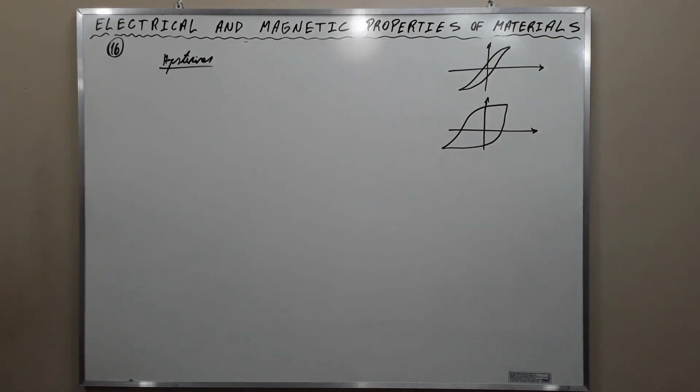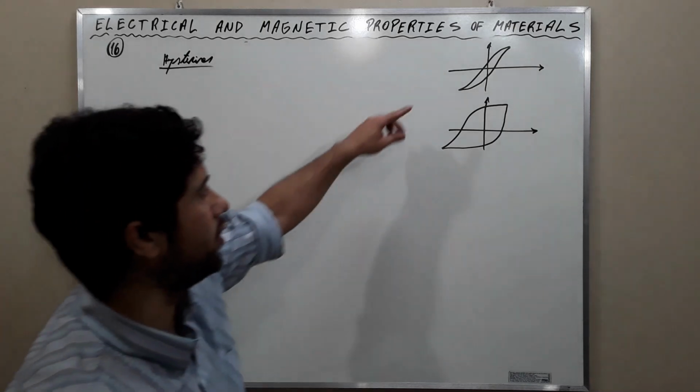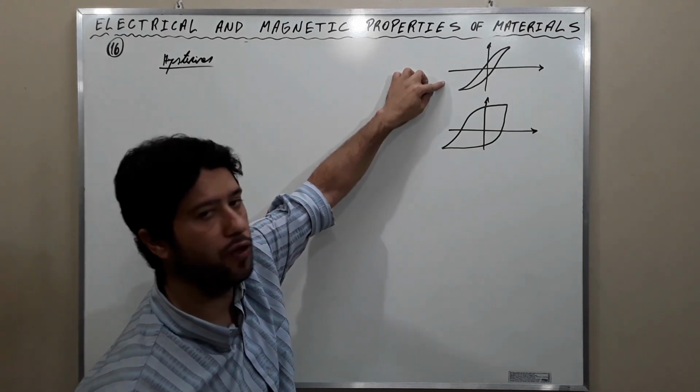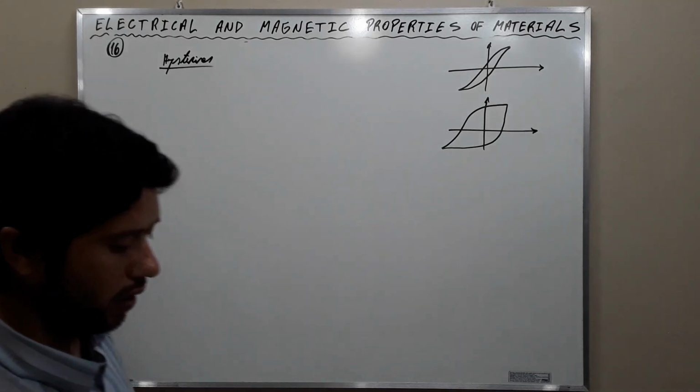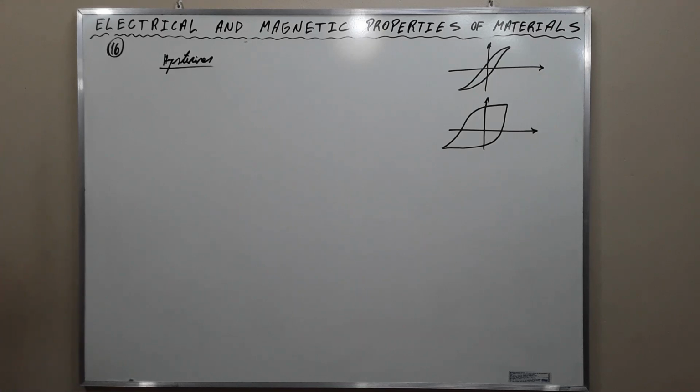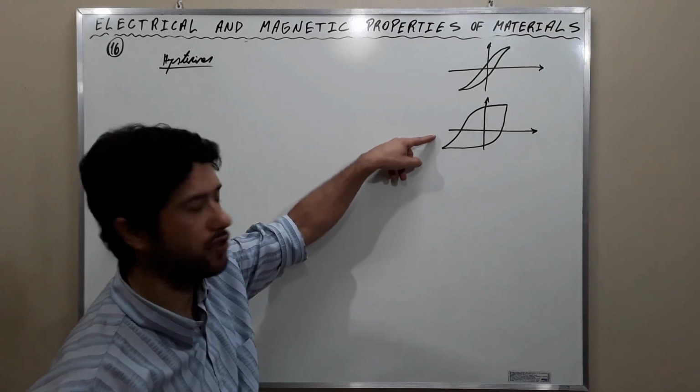To minimize the loss due to hysteresis, we should select a material having a thin hysteresis loop, such as this. This is a thin hysteresis loop, for applications like transformers and motors. On the other hand, for a permanent magnet, we should choose a material with a wide hysteresis loop, such as this one.